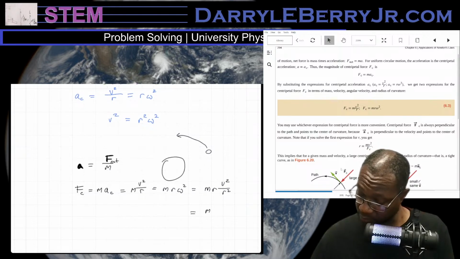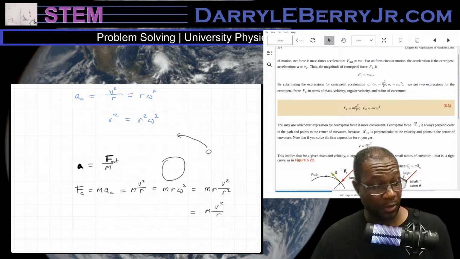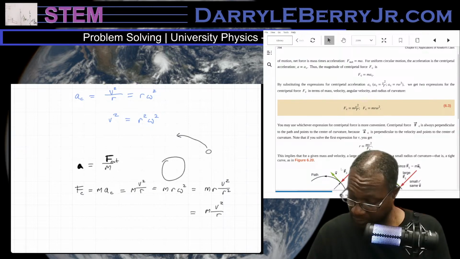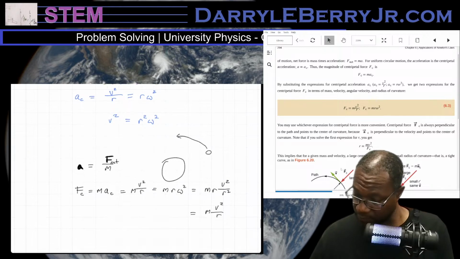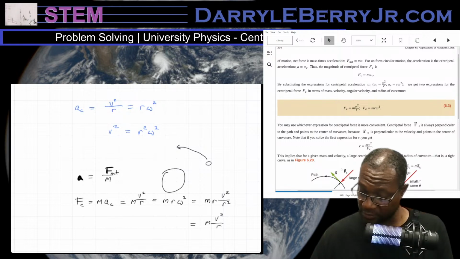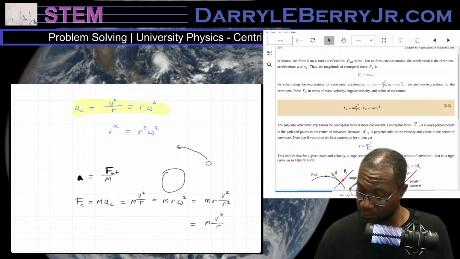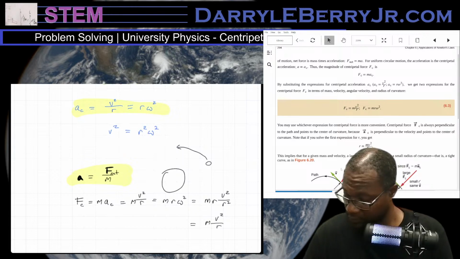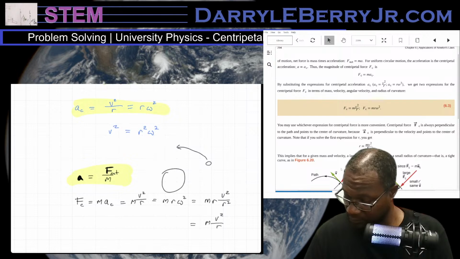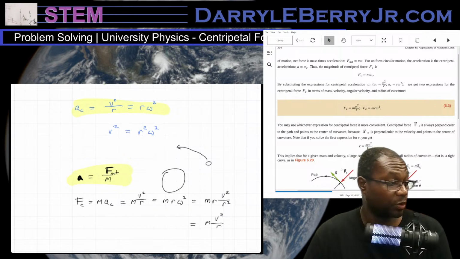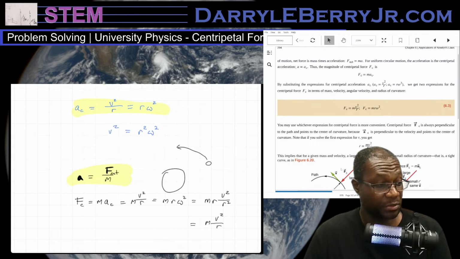I mean, these ones seem to be the foundational formulas, and from there, we can plug things in. You may use whichever expression for centripetal force is more convenient.